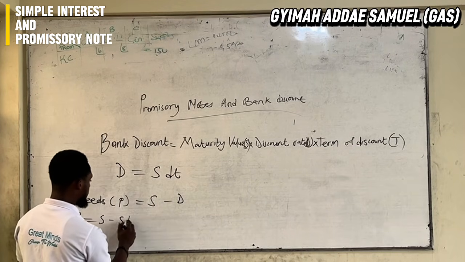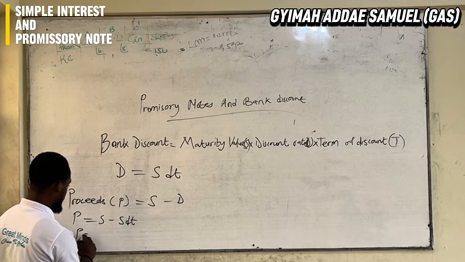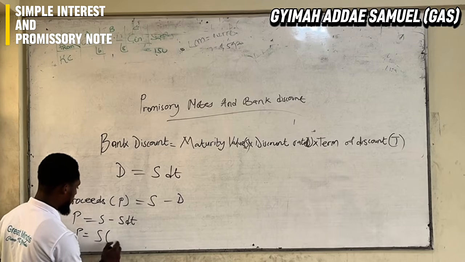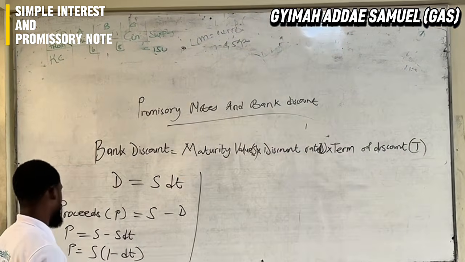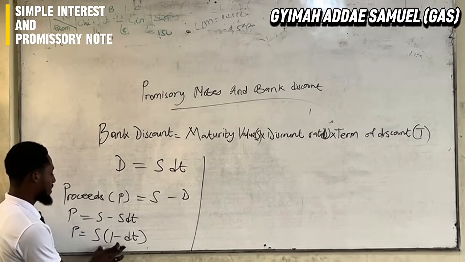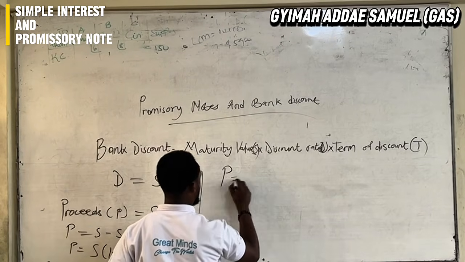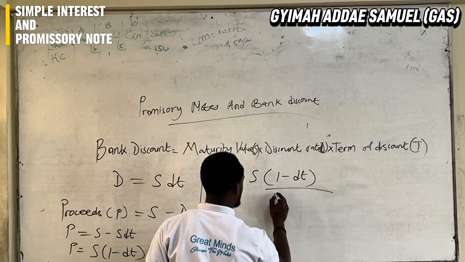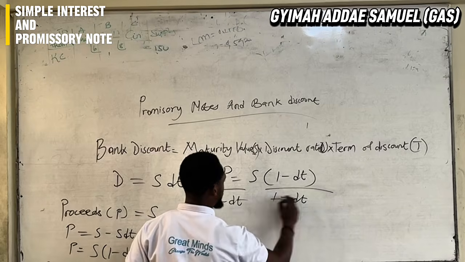So you have S in both terms, and you factor S out, so it becomes S times the bracket 1 minus dT. Now we divide both sides by the bracket 1 minus dT, so this cancels this out.